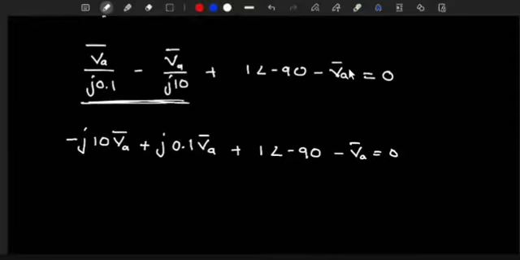So at this point, these two are like terms, so those two can easily add up. When they add up, what are we getting?